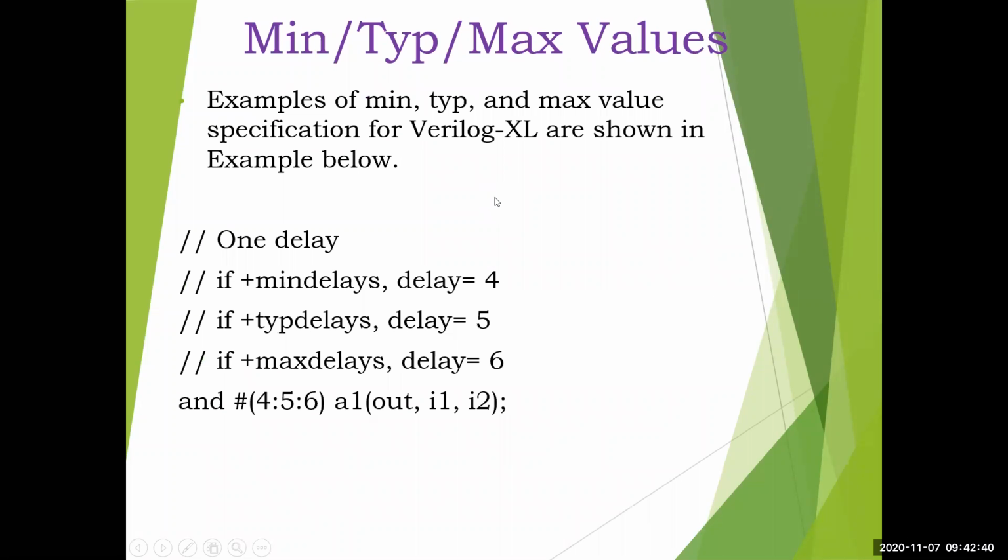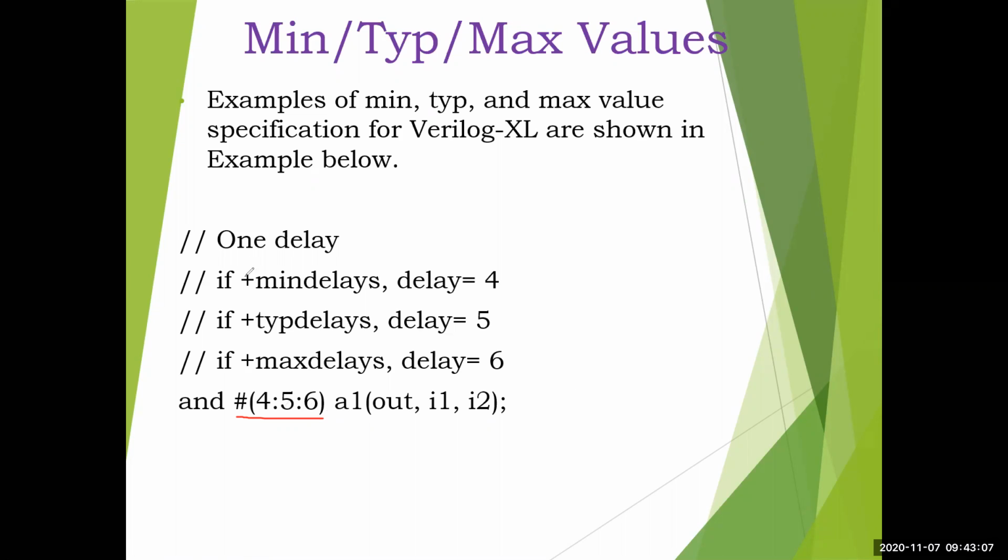So for example, how do we write the minimum, typical and max values for the Verilog simulator? Here 4, 5, 6 is written, and only one delay is mentioned, meaning it is a rise delay. Minimum is 4, typical is 5, maximum is 6. Only one delay mentioned means it is used for all transitions: rise, fall and turn off.